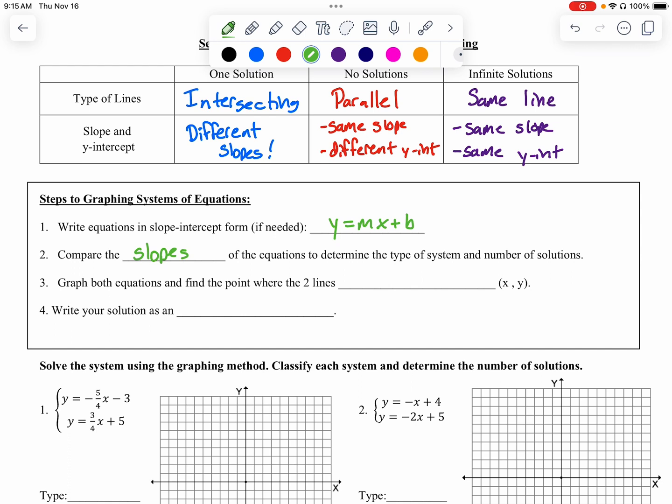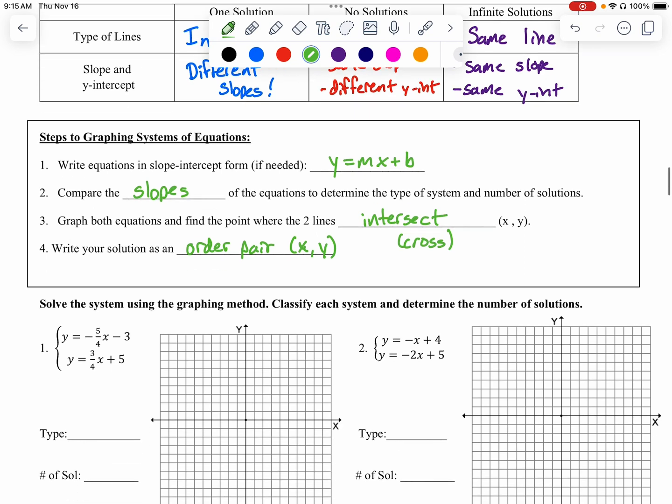We also see that when you graph it. Then you're going to graph both equations and find the point where the two lines intersect, which also means like where they cross, if they cross at all. And then you're going to write your solution as an ordered pair. And what an ordered pair means is writing it as like x, comma, y.